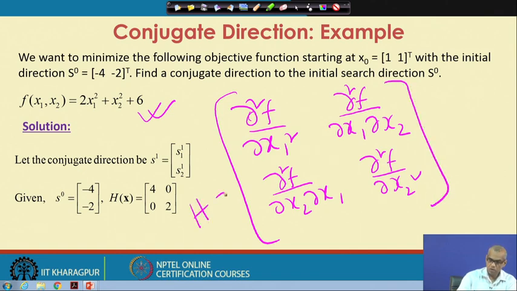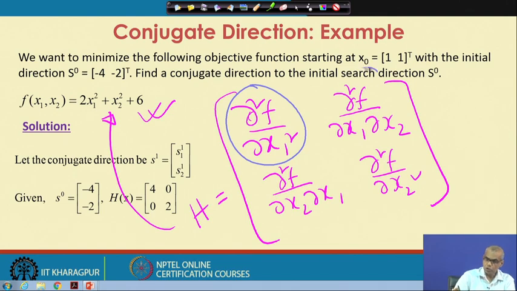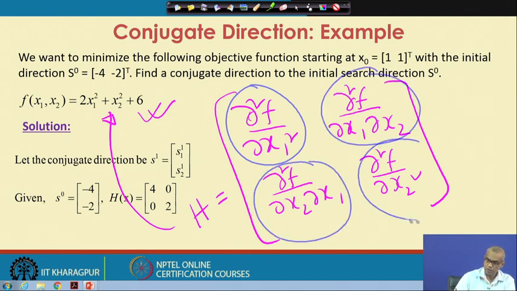This is obtained as 4, 0, obviously the same 0, and 2.